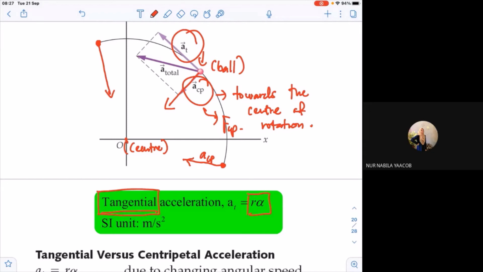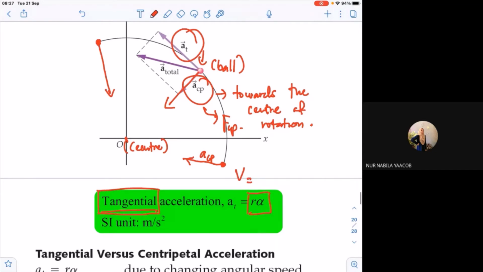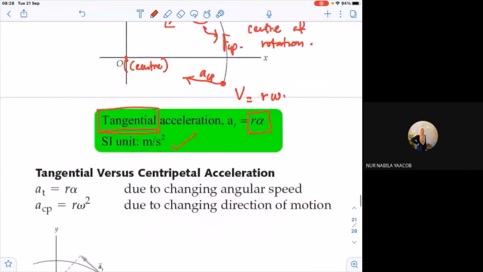I would like to remind you that our VT, the tangential velocity, is r omega, but for tangential acceleration, the equation is r alpha, radius times alpha. So what is alpha? Our angular acceleration. And the unit for tangential acceleration is meter per second square.